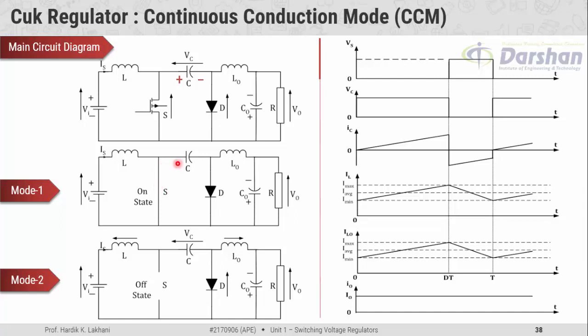So current starts from this positive terminal of the capacitor, it passes through the switch, then it passes through the load and it goes to the inductor LO. During the first interval, this diode remains off because it is in the reverse bias condition.